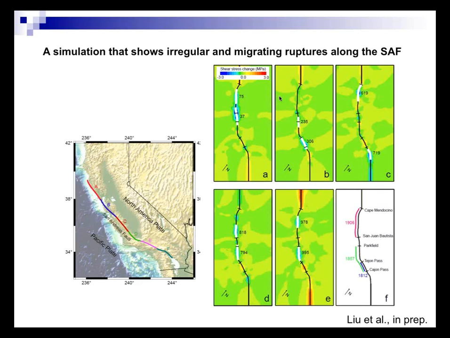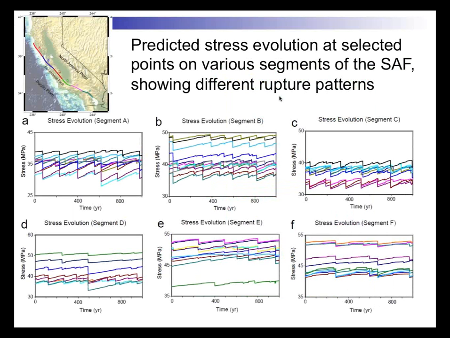These rupture segments migrate along the Shan geothermal. Sometimes it's long, which means a bigger earthquake. Sometimes short means a shorter earthquake. So if it behaves this way, then we have a more difficult time doing earthquake predictions or forecasting.